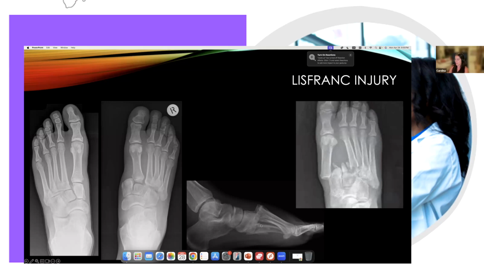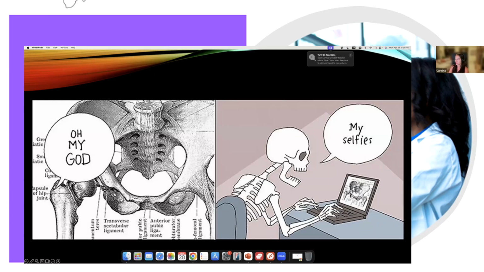So it's basically a detachment of the metatarsals from the tarsal region. Pretty unstable kinds of injuries, and definitely very important to identify. And this is where I get to the end of what I had prepared, and I give space for whoever has some questions.